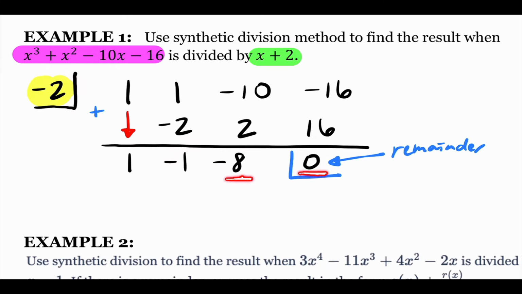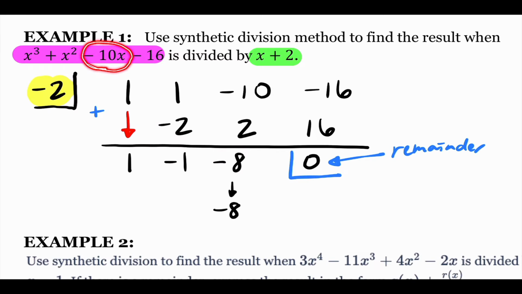Now negative 8. Negative 8 is going to take the place of negative 16. Negative 16 did not have an x. So guess what? Negative 8 will not have an x. Okay. And then I move one more to negative 1. Negative 1 is going to take the place of negative 10x.